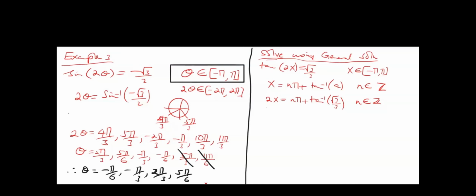And we multiply this by 2, so that gives us 2x, negative 2 pi to positive 2 pi. Alright, so if I say n equals negative 2, negative 1, 0, 1, 2, and I substitute back into my equation, and tan inverse of square root of 3 on 3 is pi on 6.